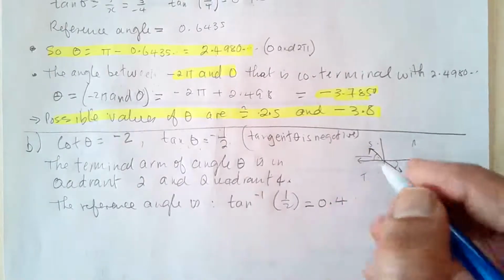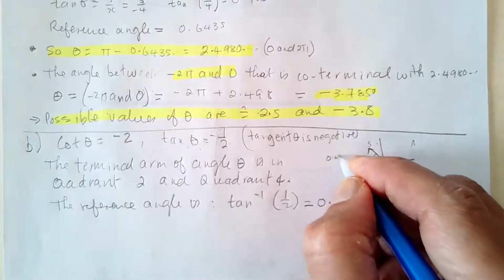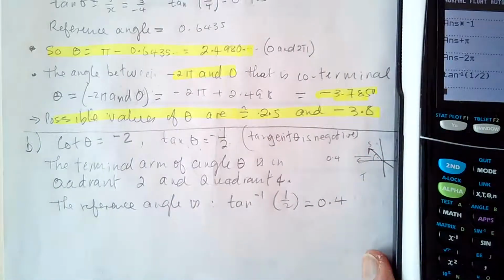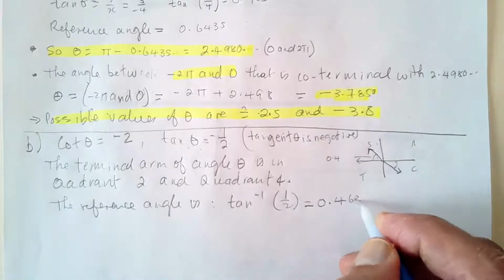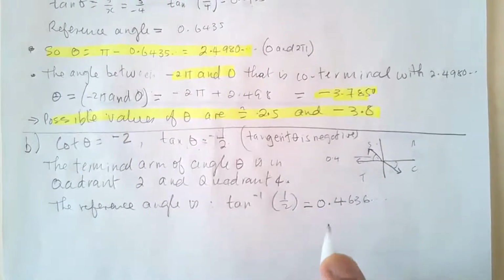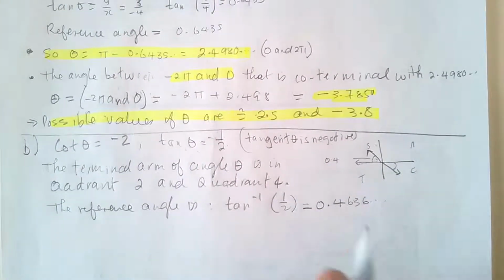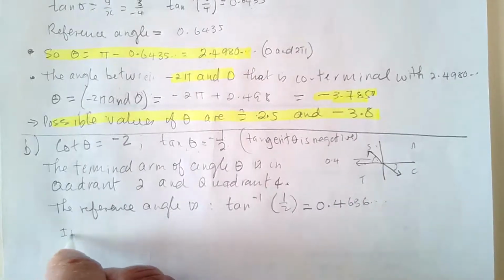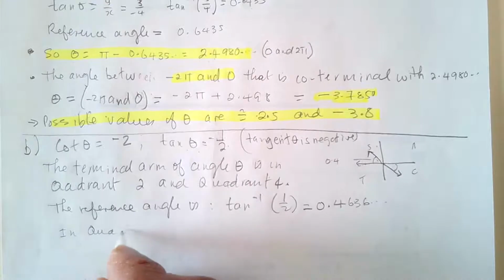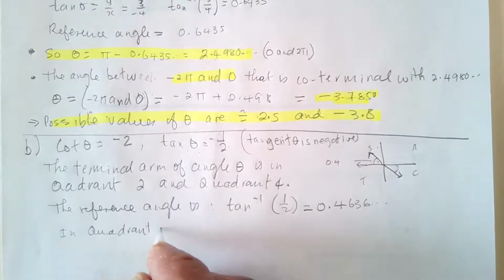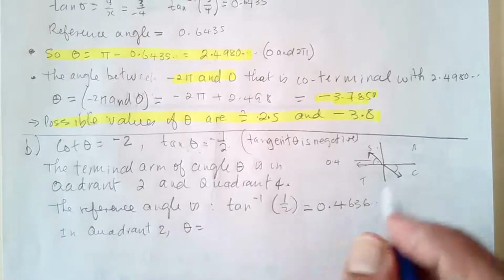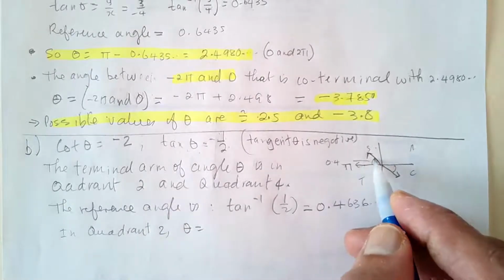So now this is 0.4636, my calculator again. In quadrant 2, theta, now this is pi here.